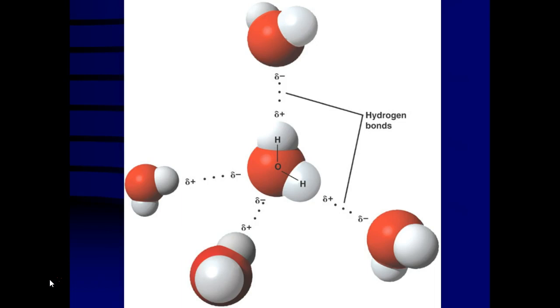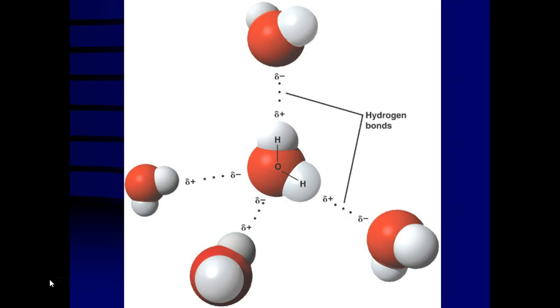You can see in this one little picture here, the dots, we saw how the dashed lines represent covalent bonds. When we represent a hydrogen bond, we use a little dotted line.